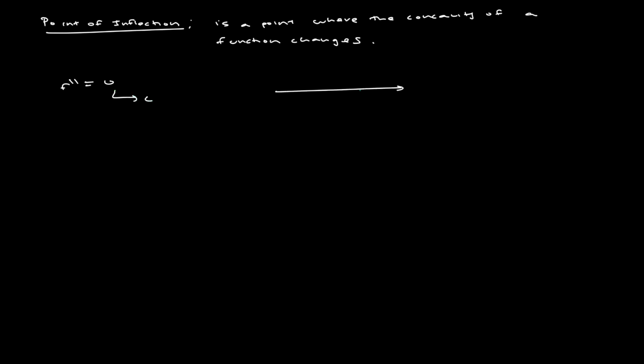If we compare the value of f double prime at points greater than c and less than c, and the sign of f double prime is different between those points, so if it changes from plus to minus or from minus to plus, then we can say that point c is a point of inflection.